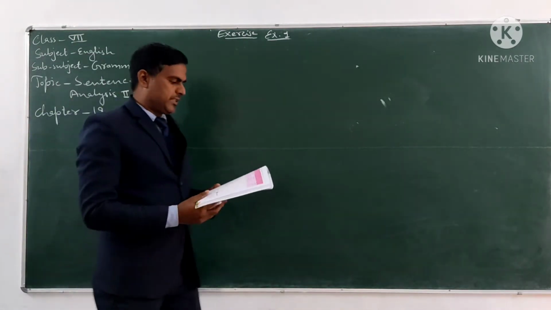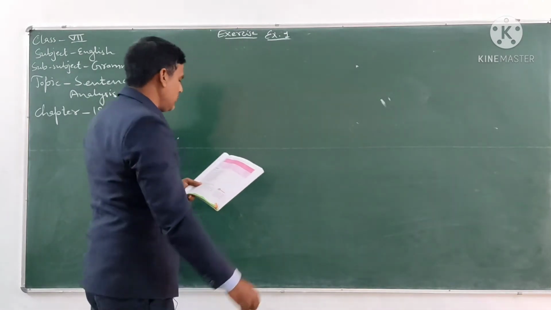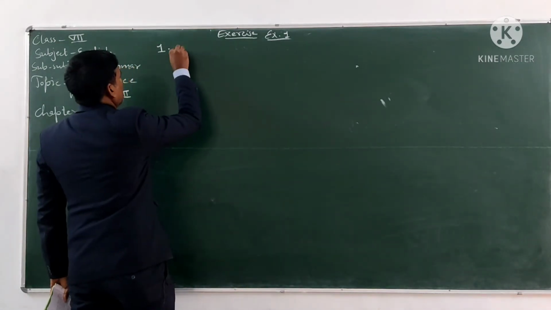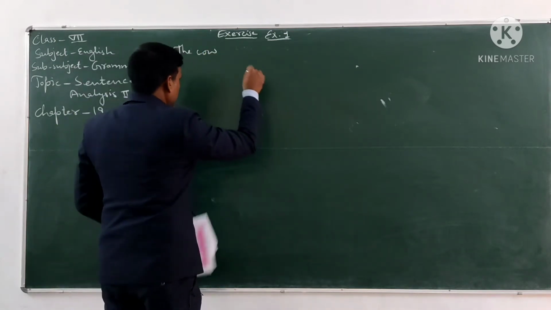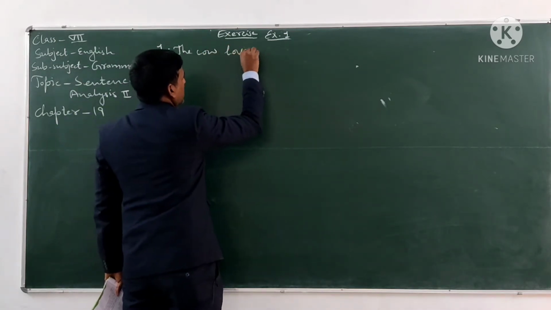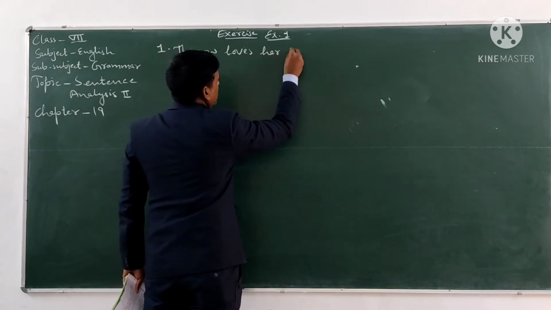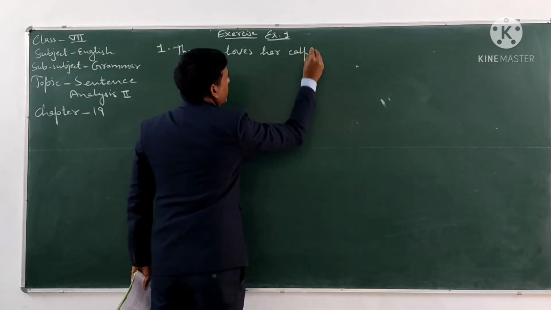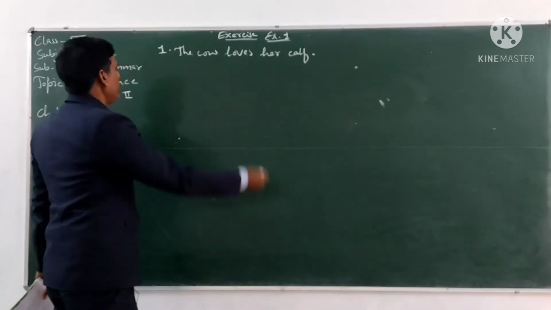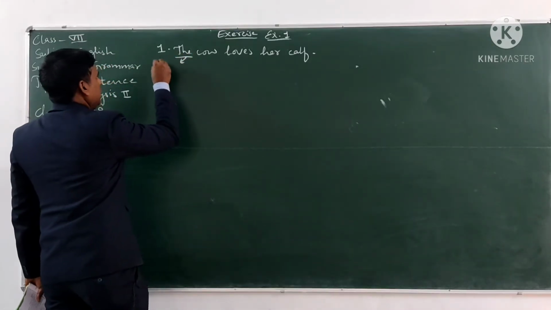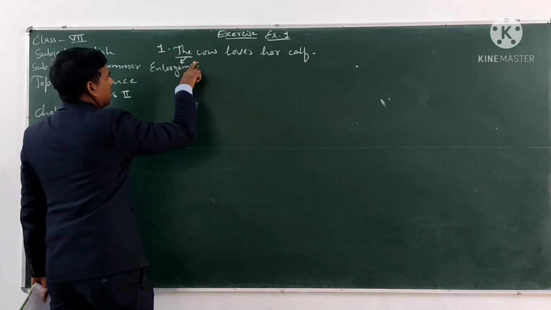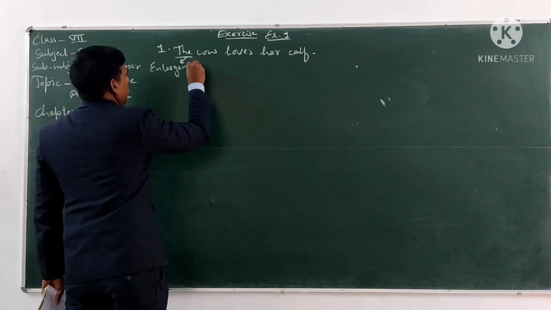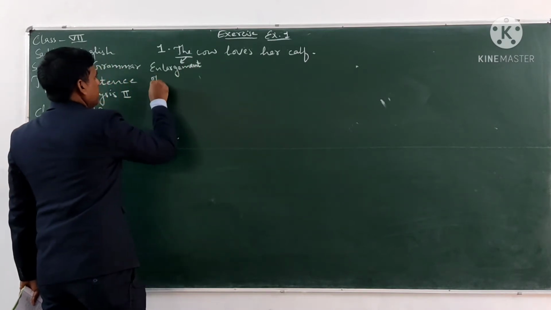The first sentence is: The cow loves her calf. In this sentence, the is the enlargement of subject.